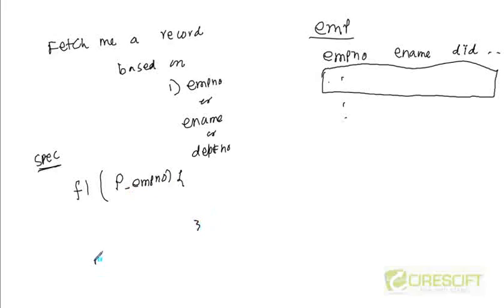And then you are going to create another function called f2, and that f2 is going to take p_ename, a varchar variable that is the employee name.